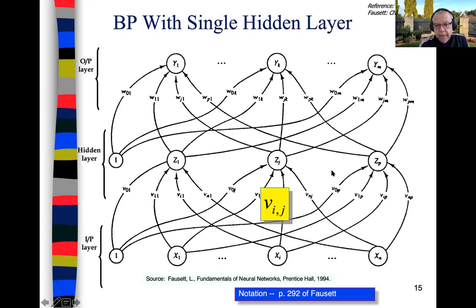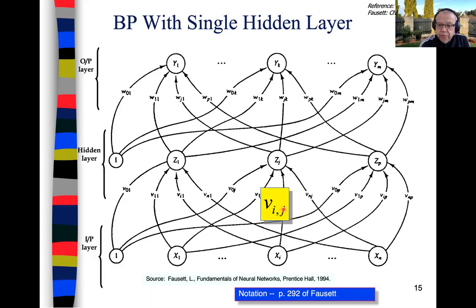input layer and the hidden layer. The Vij are the weights which are coming to node j. Sometimes we put the node here or here, okay?